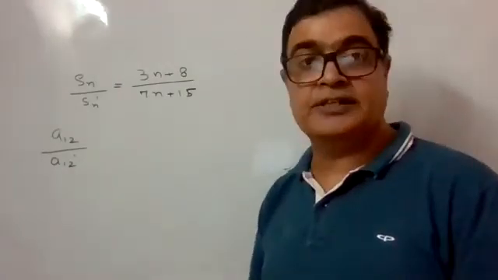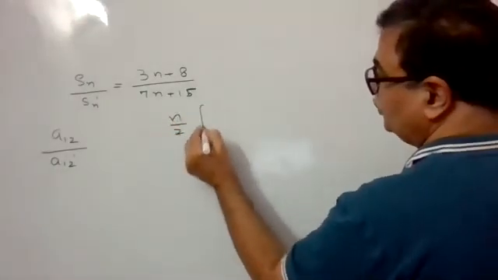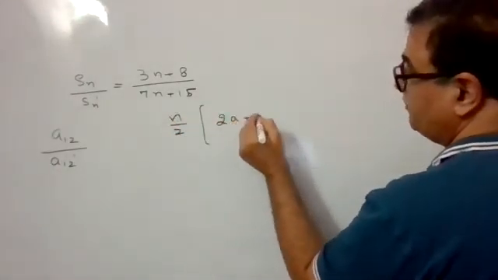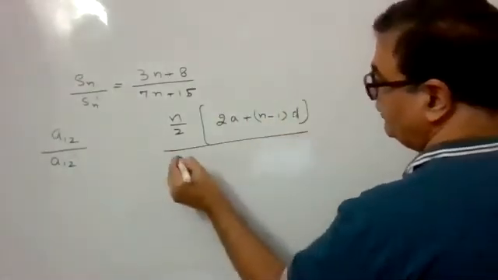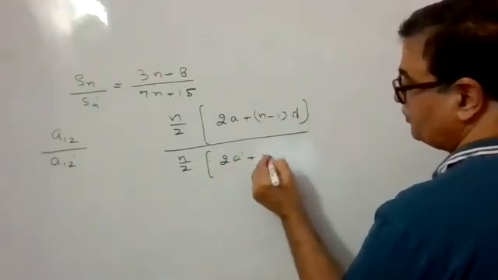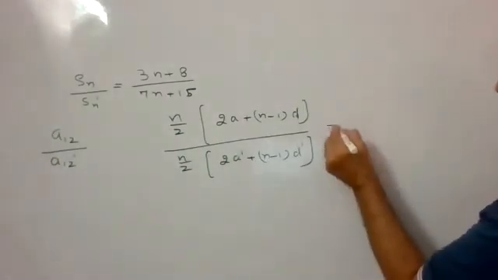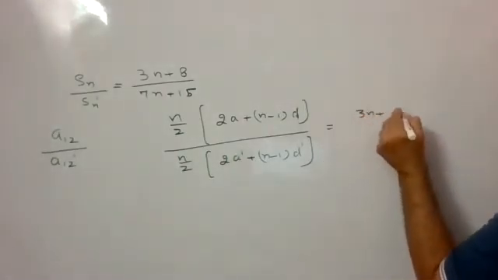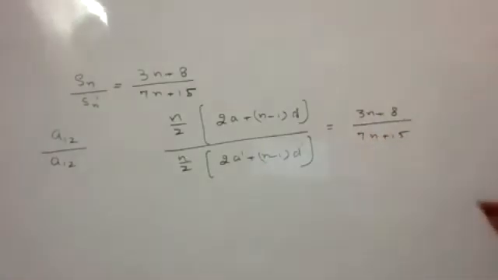So again we go by the same procedure. It will be n by 2 into 2a plus n minus 1 into d, whole divided by n by 2 into 2a dash plus n minus 1 d dash. That comes out to be 3n plus 8 by 7n plus 15.